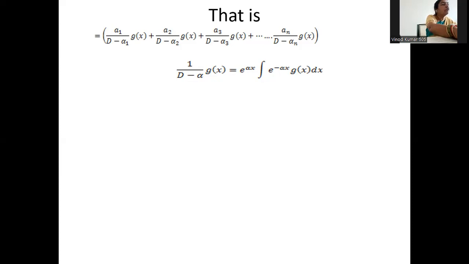Therefore, we use 1 by (D - alpha) on g of x is equal to e to the power of alpha x times the integration of e to the power of minus alpha x into g of x into dx, because my particular integral is nothing but the sum of 1 by (D - alpha i) on g of x, where i is equal to 1 to n.